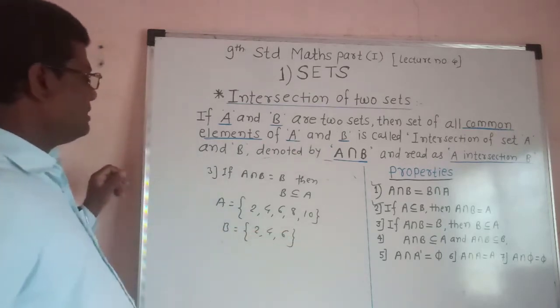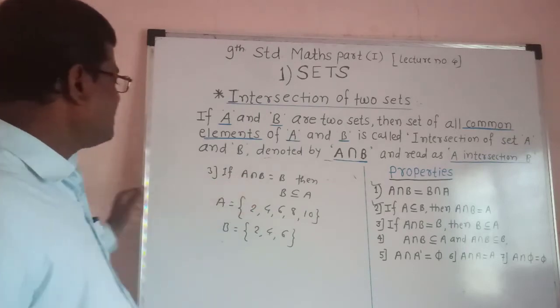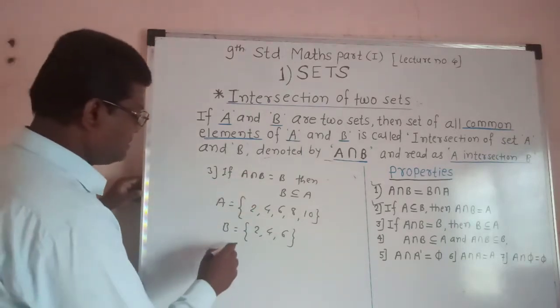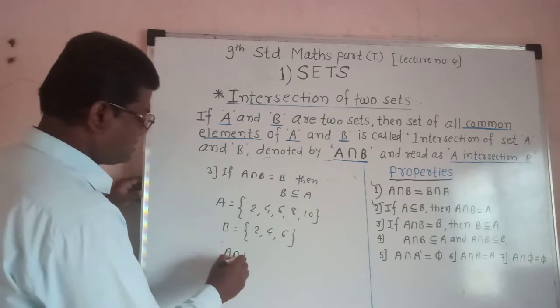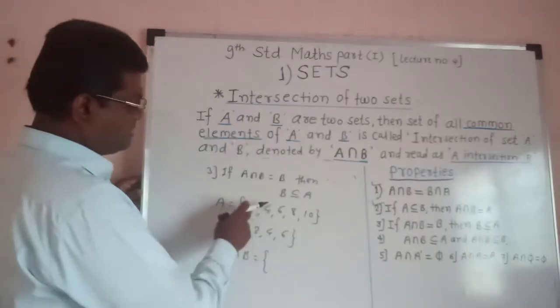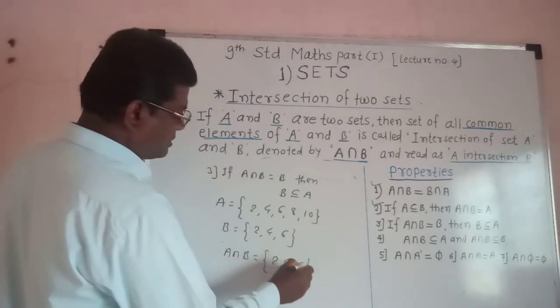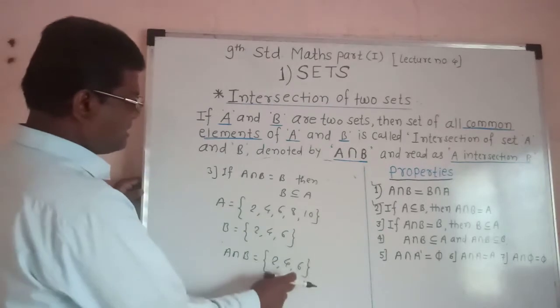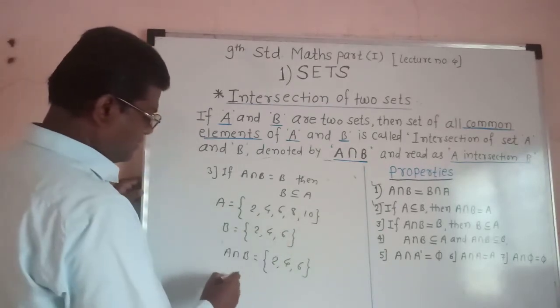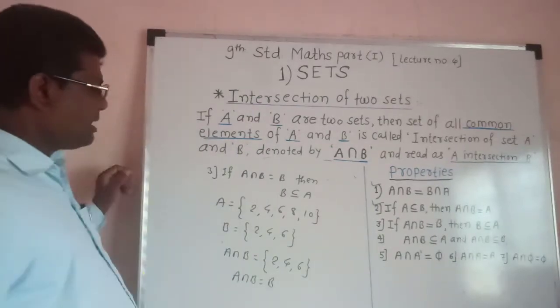From this set, it is clear that A intersection B is equal to B. The set of common elements in A and B are 2, 4, 6, and this set is equal to B. Therefore, A intersection B is equal to B here.